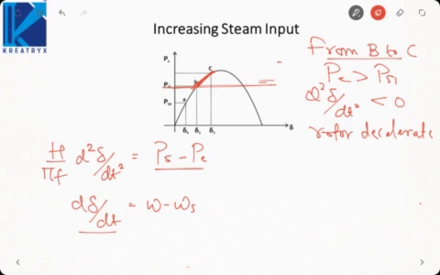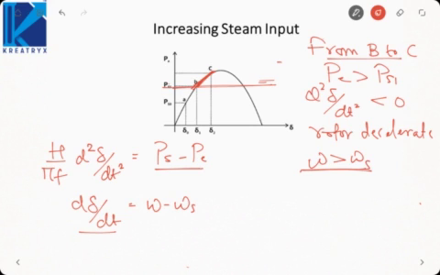Now at point B, speed was greater than omega s. Let us say omega s is 1000 rpm. Then at point B, we had a speed of 1500 rpm. Now the speed starts decreasing, but until it reaches omega s, the speed will go on reducing. So from B to C also, though the speed is decreasing, it is still greater than omega s.